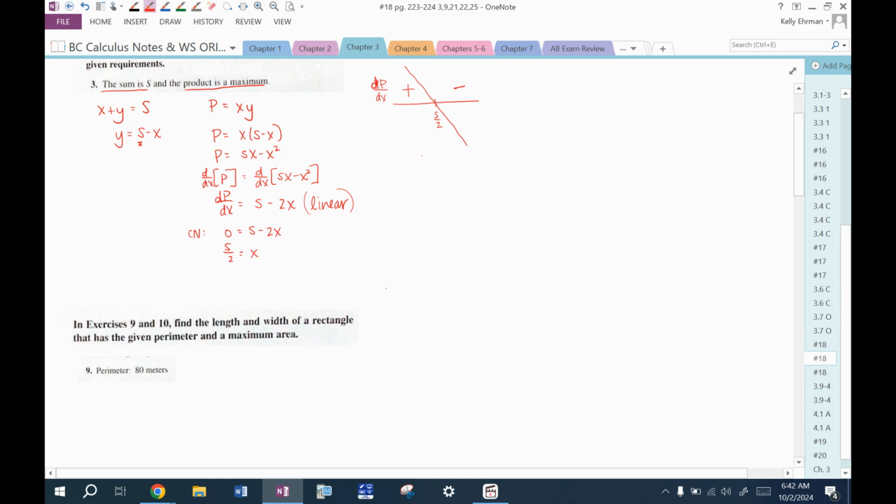That means that the product is increasing and then decreasing. So there's definitely a relative max right here. So the maximum product will occur when x is equal to basically half the sum, right?